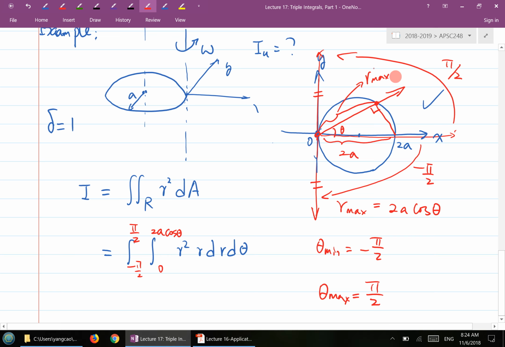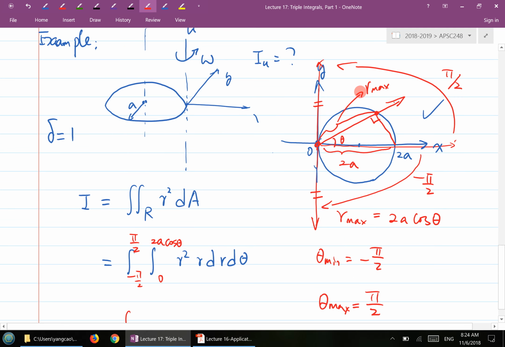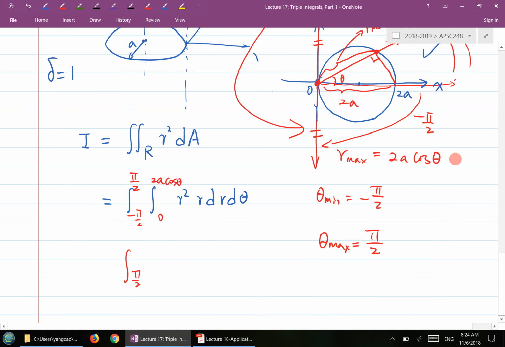You go from here to here, that's your first edge, it's pi over 2. And then from here you keep going, here, here, until here, always going counterclockwise this time. It's first pi over 2, and then when it comes over here, how much now? 3 pi over 2. Right.